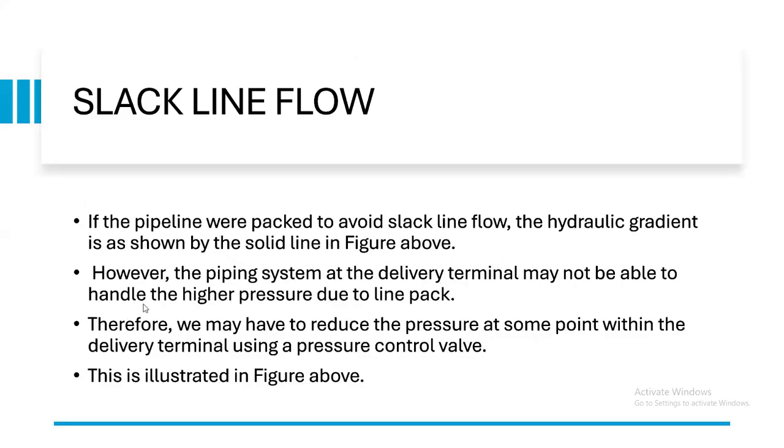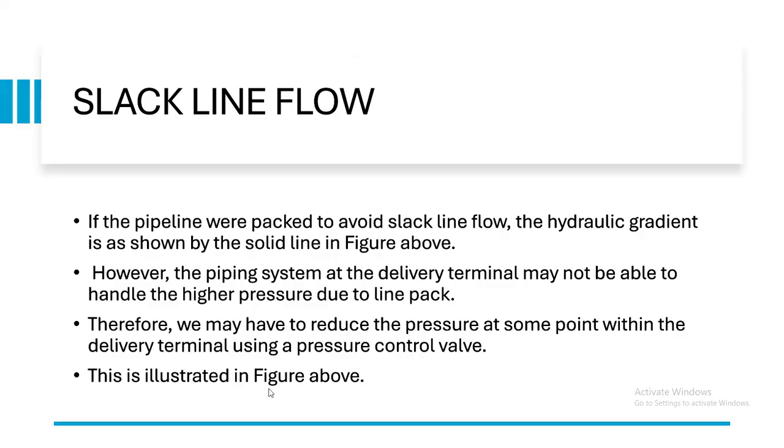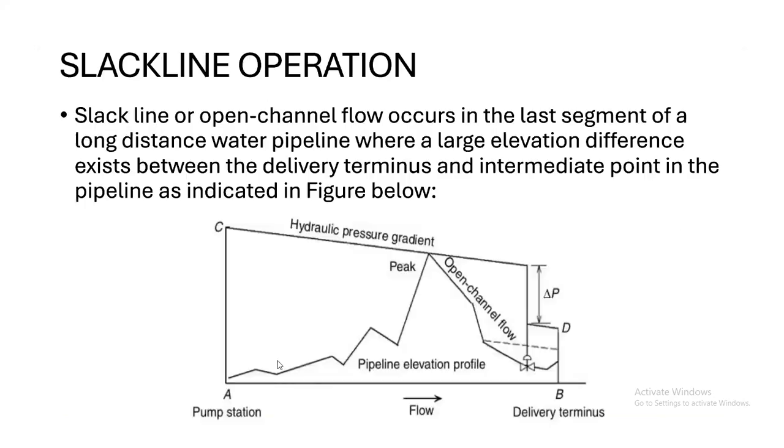However, the piping system at the delivery terminal may not be able to handle the higher pressure due to line pack. But what if the pipe you're using here cannot handle the high back pressure? Therefore, we may have to reduce the pressure at some point within the delivery terminal using a back pressure control valve. That's what we did here.